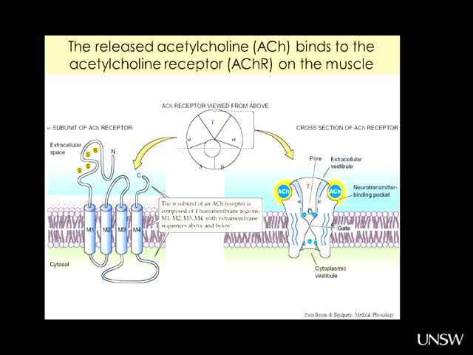This is the selectivity filter, so they don't travel through. Because it's got 5 subunits, it's fairly big, so it's not very selective between sodium and potassium. Okay? The voltage-gated sodium channel's only got 4 subunits, it's got a smaller pore, it can start to discriminate between different cations.